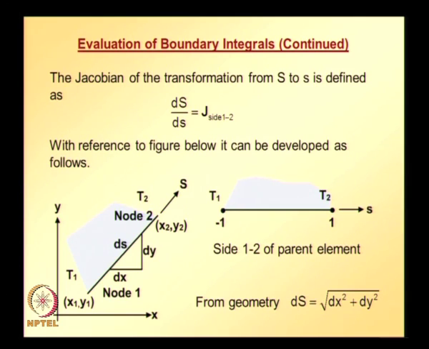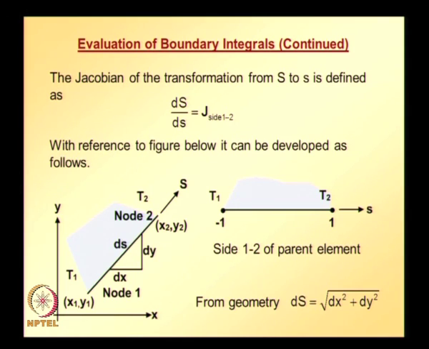Actually it should be d capital S; in the figure it is printed as d small s, please make that correction. D capital S can be resolved as dx and dy along x and y, and the relation is d capital S equals the square root of dx square plus dy square, from Pythagoras theorem.